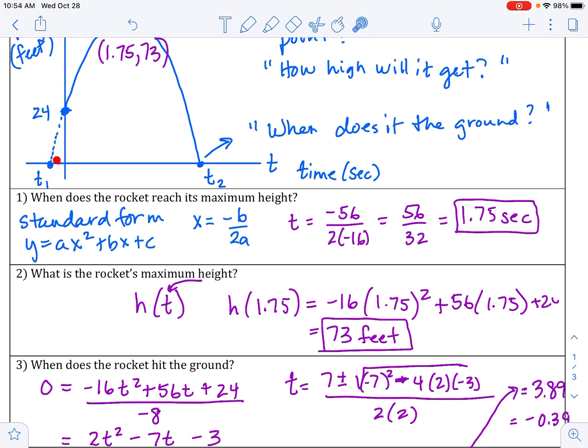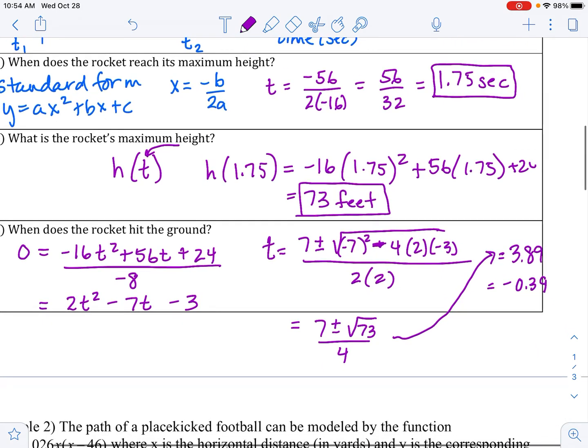That's before the rocket was ever launched, so that really doesn't make sense in the context of the problem. So I only want the 3.89 value for when the rocket will hit the ground, and I am going to disregard the second one.